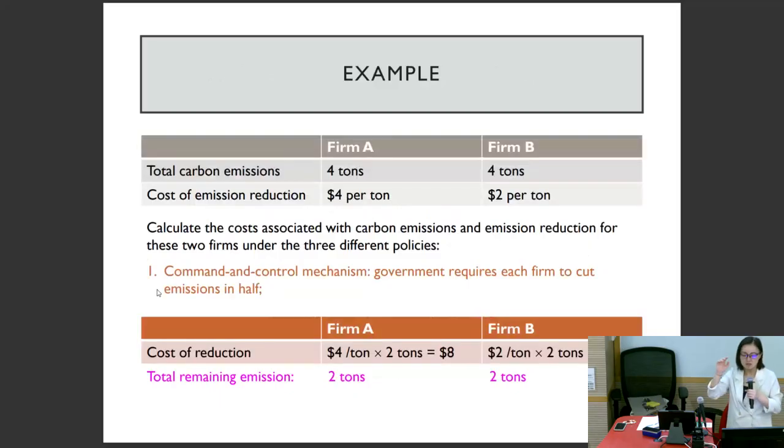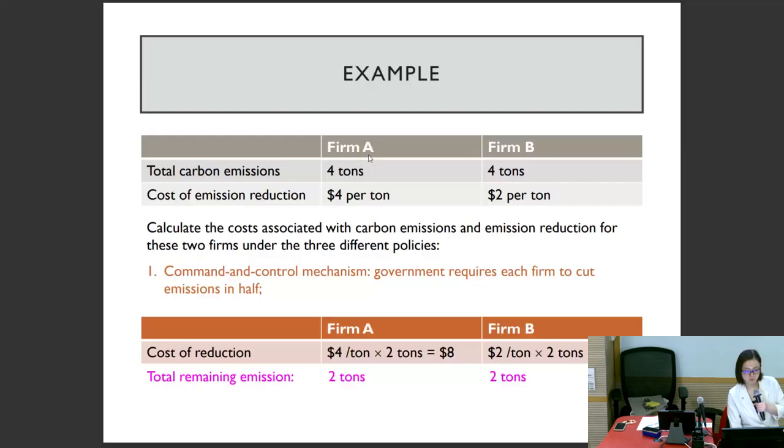Okay, let's take a look at a very simple example about the market-based approach, versus command and control. Let's say here we have two companies, firm A and firm B. Firm A will emit 4 tons of carbon dioxide, and firm B, same, also 4 tons.